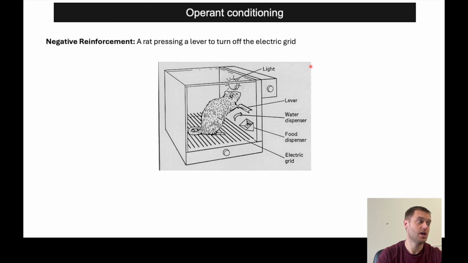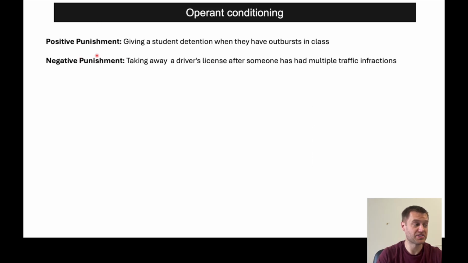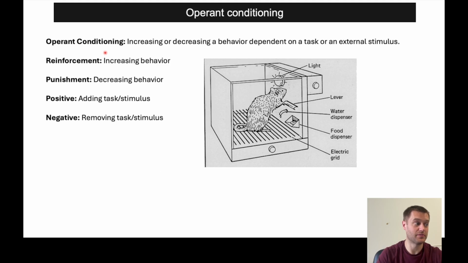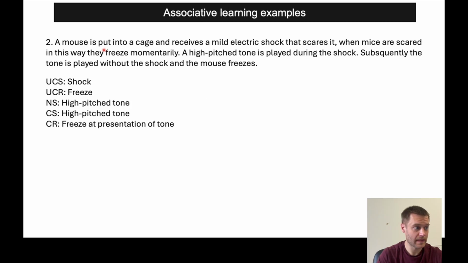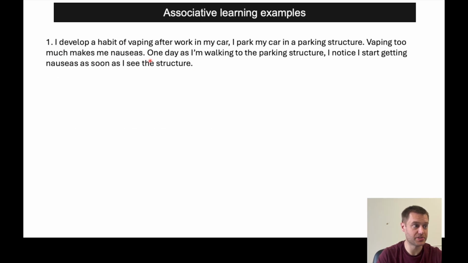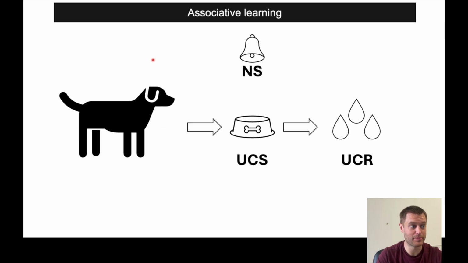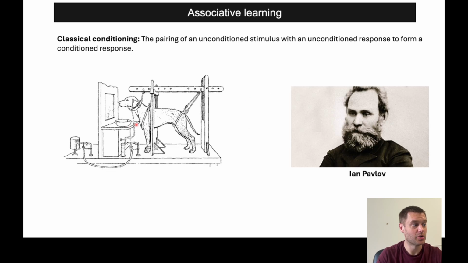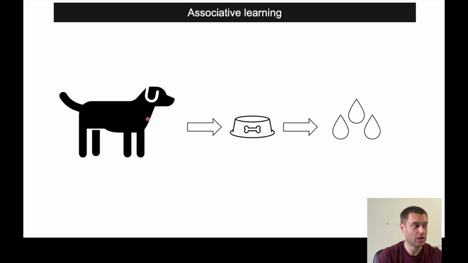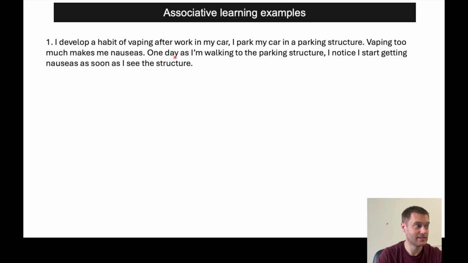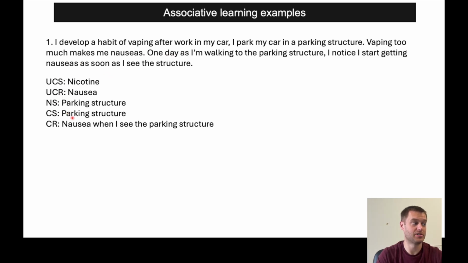You'll need to know what negative and positive punishment are, what negative and positive reinforcement are, and obviously you'll need to know about associative learning because we spent, I think, the most time on associative learning. So be on the lookout for examples like this and be able to determine what the UCS, UCR, and so on are.